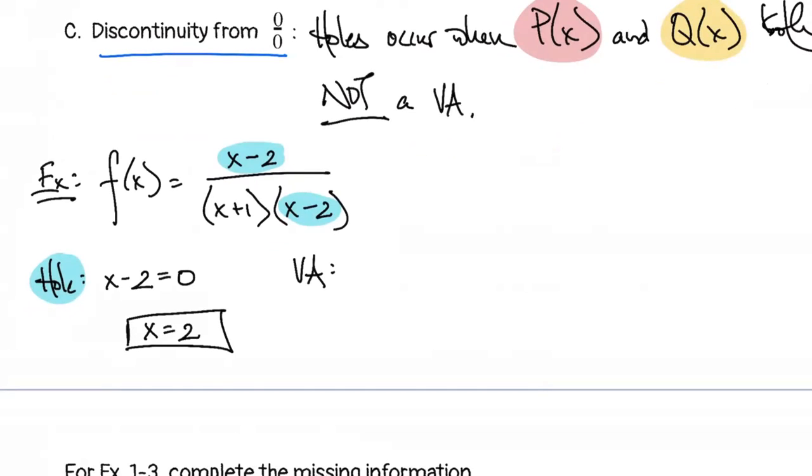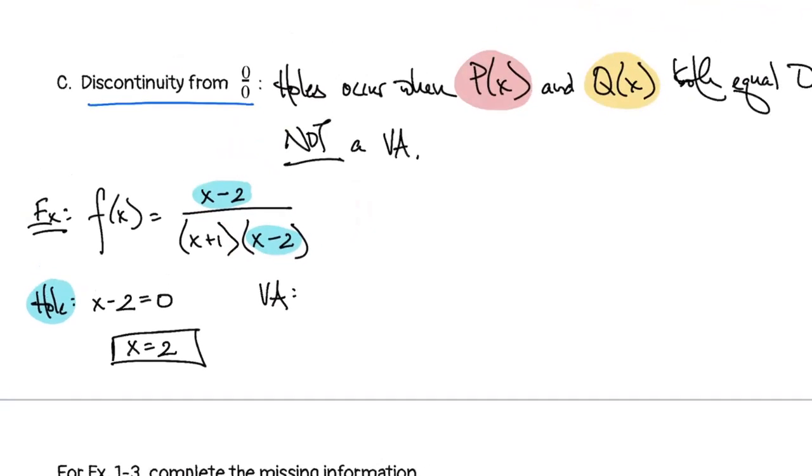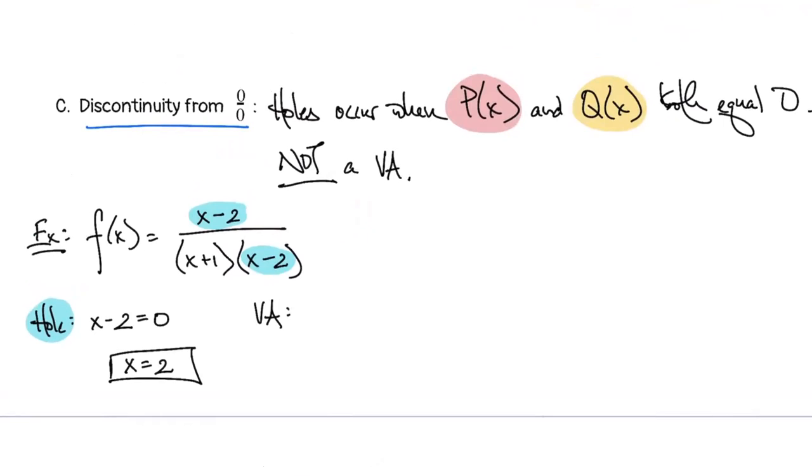Now, I think he explained his reasoning fairly well there, but we also kind of can see just by color coding that we have the same factor on the top and on the bottom. If we have the same factor on the top and the bottom, that's going to help us find that discontinuity where we get 0 over 0, okay?